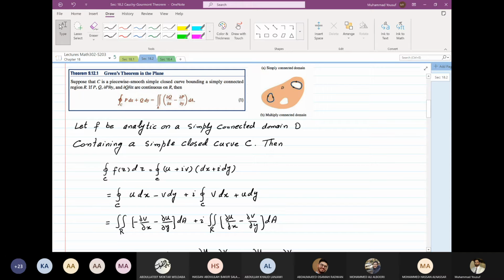Then the integral over the closed curve C, P dx plus Q dy, can be evaluated by a double integral over R of partial Q by partial x minus partial P by partial y dA. That is, we can evaluate this contour integral by this double integral.